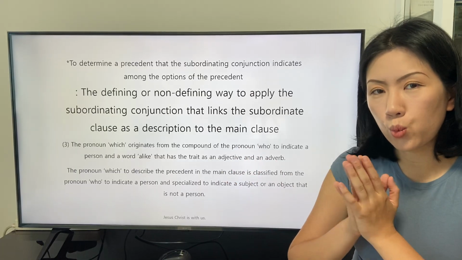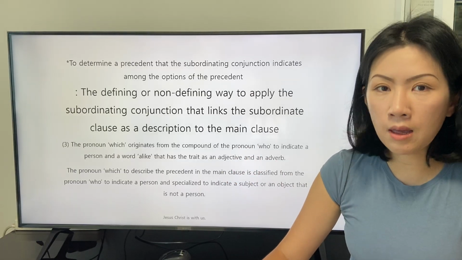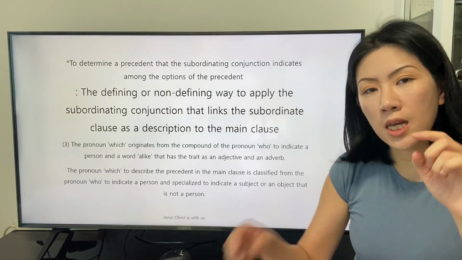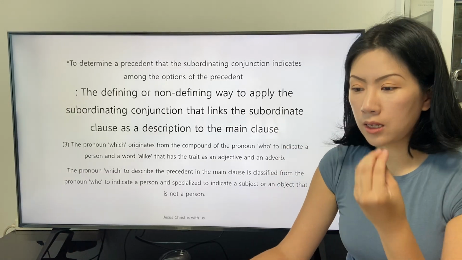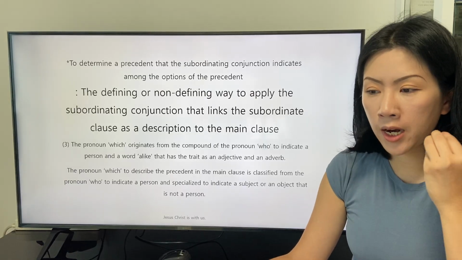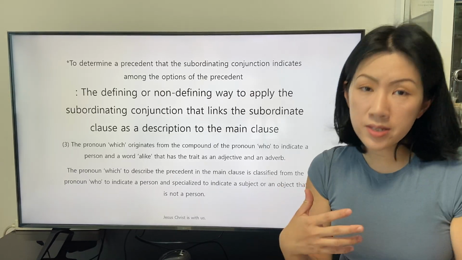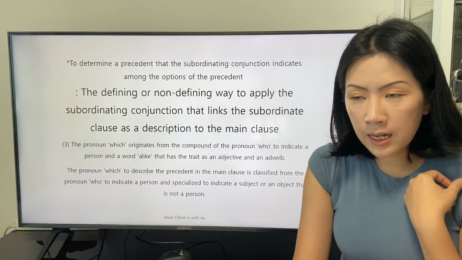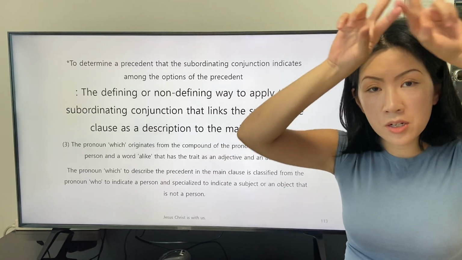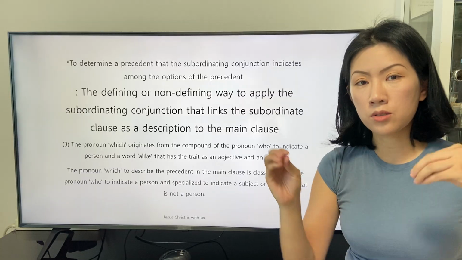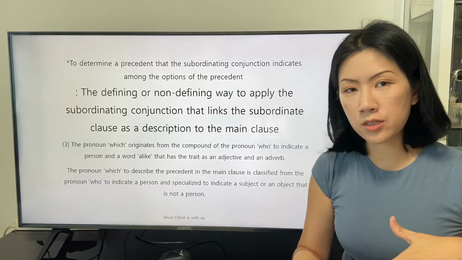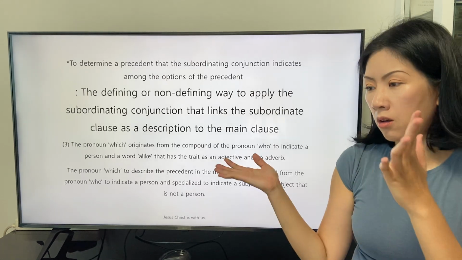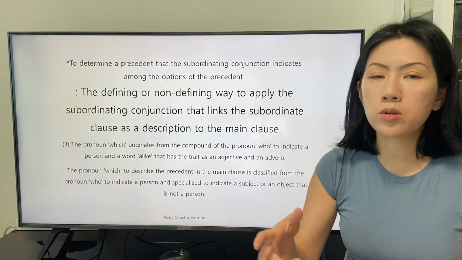And we admitted that the pronoun who is applied to indicate a person for the precedent in the main clause. This tells us that the pronoun which is specialized to indicate the subject or object that are not a person in the subordinate clause.